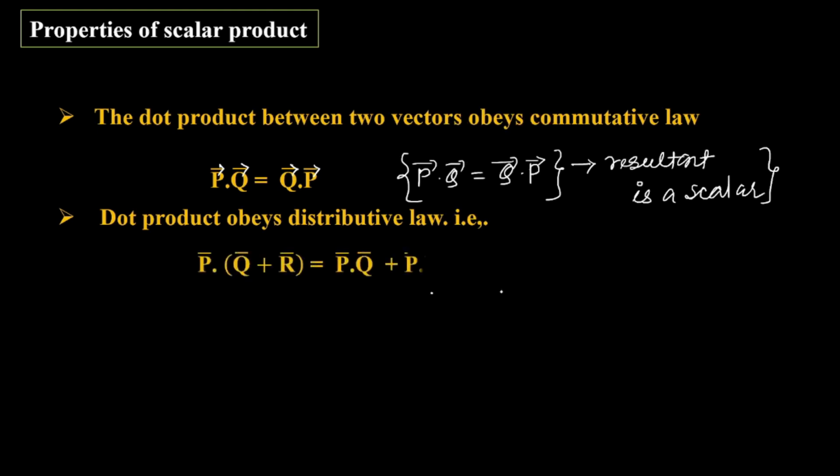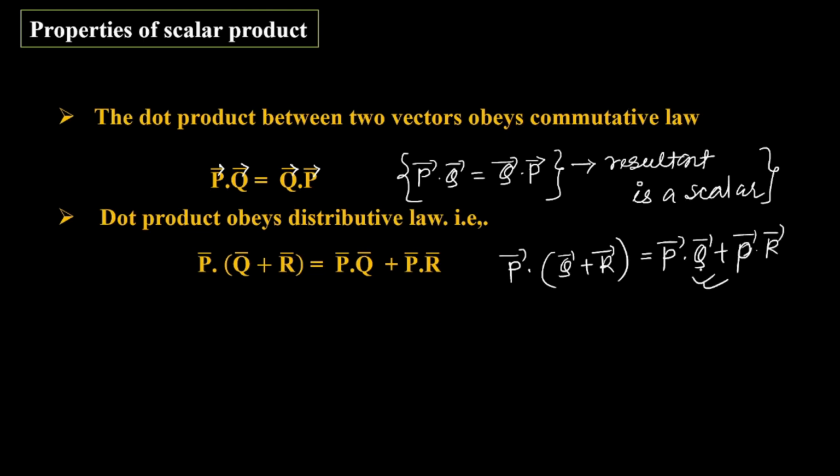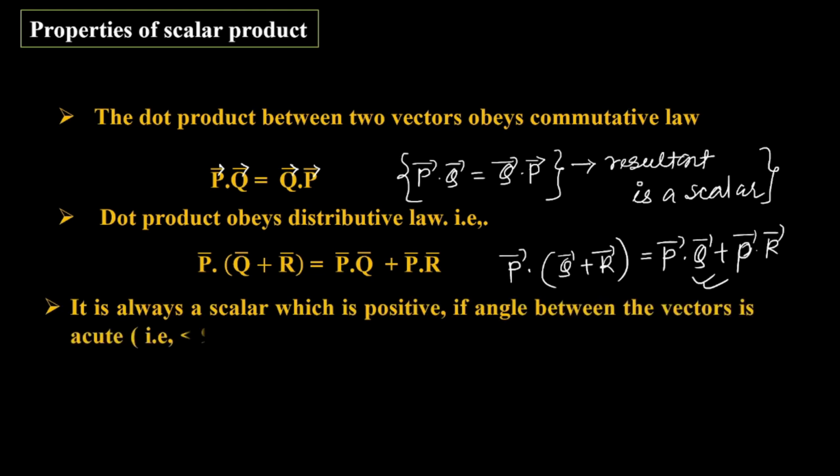If you have three vectors, then P dot the addition of two other vectors, you can distribute it like this: P dot Q plus P vector dot R vector. Okay, this is another important property for the scalar product. And it is always a scalar.